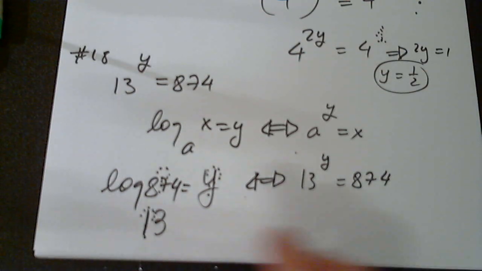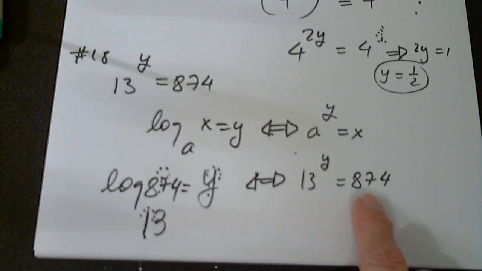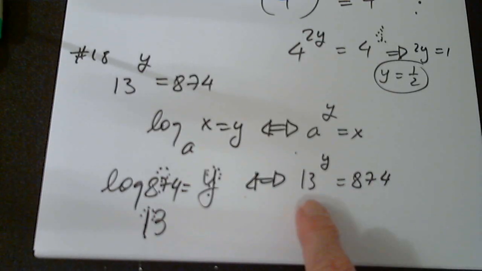Now, if they're asking us to solve this, I have to see if 874 can be written with a base of 13. I don't know if they're asking us. They're not, but that's okay. So 13 squared. 13 to the third.